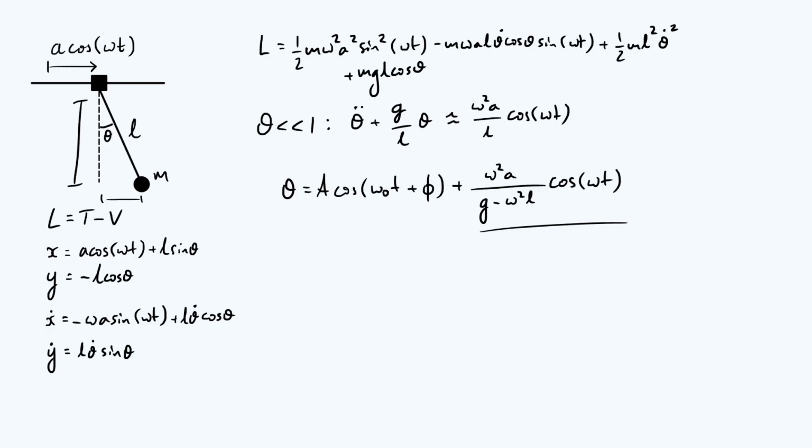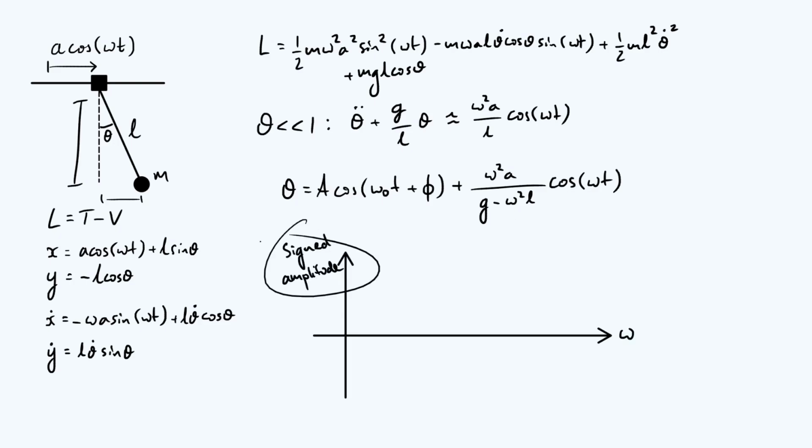So it oscillates with the same frequency as the driving frequency. You've got this prefactor here, which is omega dependent, and that contains information about the amplitude and the phase of the forced oscillation. So what I want to do is sketch a graph of that prefactor of the forced term and talk a little bit about the shape of the graph.